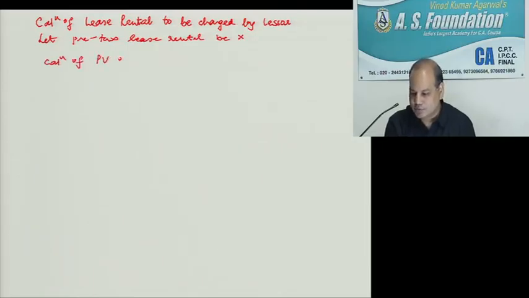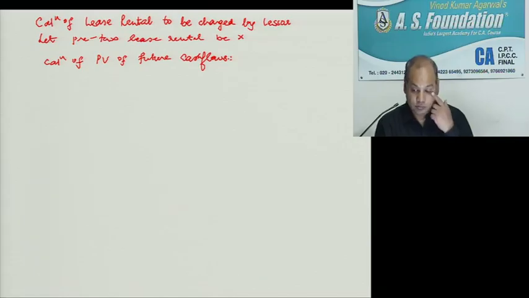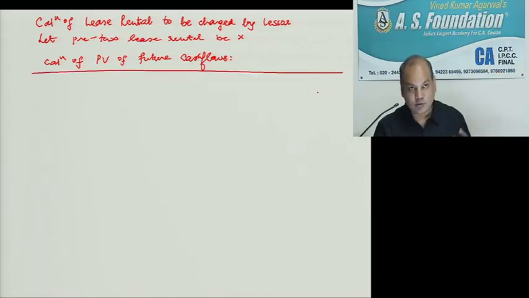Calculation of present value of future cash flows. 5 columns. First you solve it as if you are solving a problem from lessor's side, how much lease rental he should charge, which will give you 10% post-tax return.